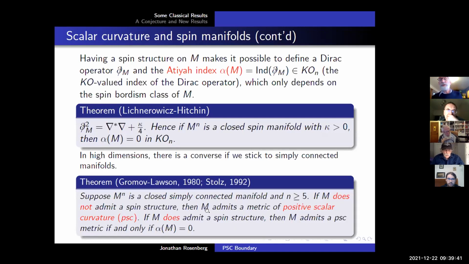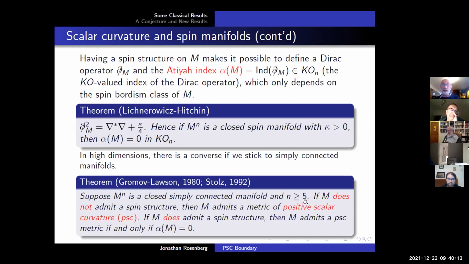Basically, the way you get a counterexample is that you take, for example, an algebraic surface of general type, general type in the sense of the Enriques-Kodaira classification, which is simply connected and non-spin.